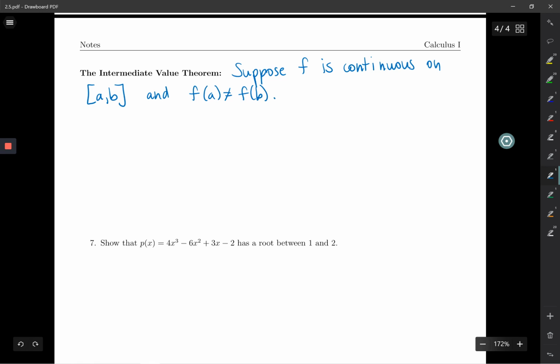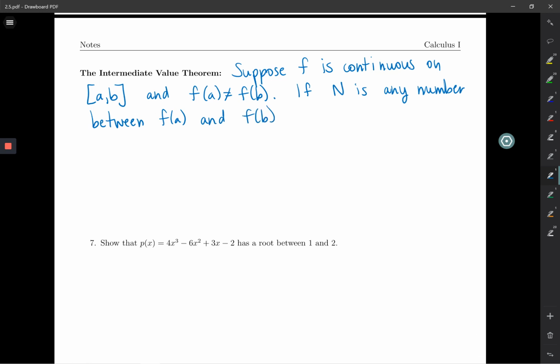Okay, so it's just not equal at the endpoints, right? If n is any number between f of a and f of b.